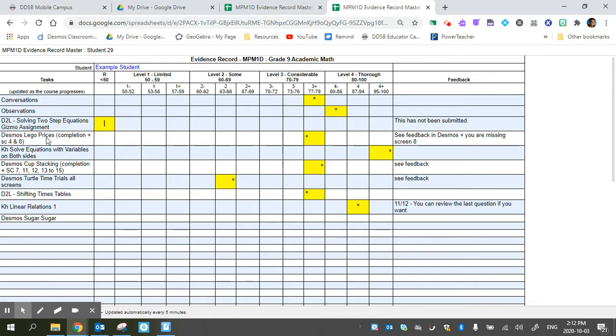The yellow means this is the first progress report, and the items indicate the achievement for a particular task. So, for example, if I look at this task, it's a Desmos activity, and it's called Desmos Lego Prizes, this was evaluated by the completion of the task and 2 screens. More on that, the students can explain to you what a screen means in Desmos, but it's a technology that we use often in class to create things, to evaluate things, to learn about things.